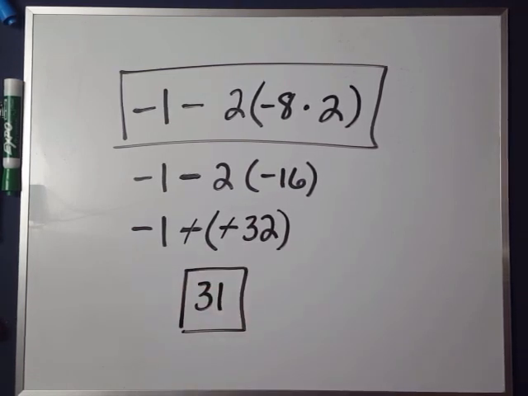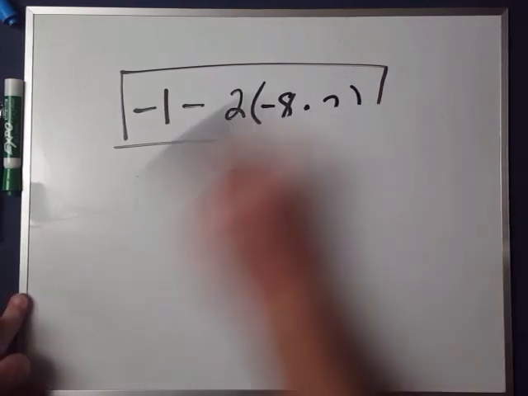Let's try another one of these. Number 106. Number 106 says the quotient of negative 20 and the sum of negative 8 and negative 2. Take it a piece at a time. The quotient of, quotient indicates division.